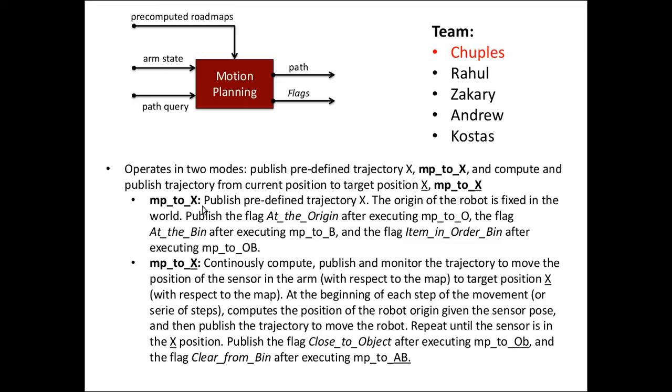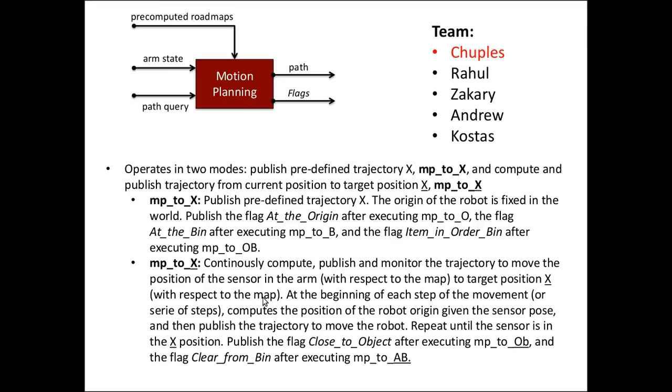So this is one of the modes of operation. The other mode of operation is motion planning to X dash, where this X is different from the other one, because in this case, this model will continually compute, publish and monitor the trajectory to move the position of the sensor in the arm with respect to the map to the target position X dash.